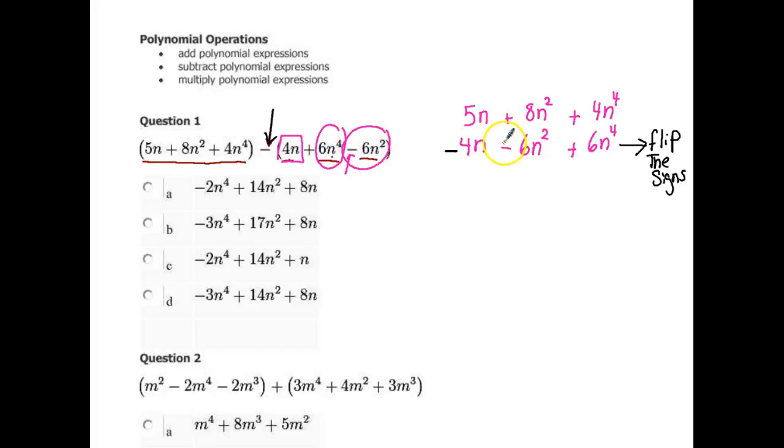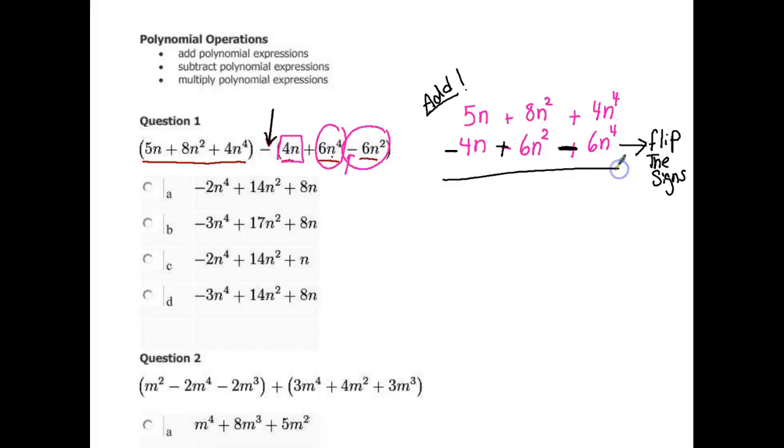This is a negative, it becomes a positive. This is a positive, it becomes a negative. Then you add. Once you distribute the negative sign, you treat the problem as an addition problem.